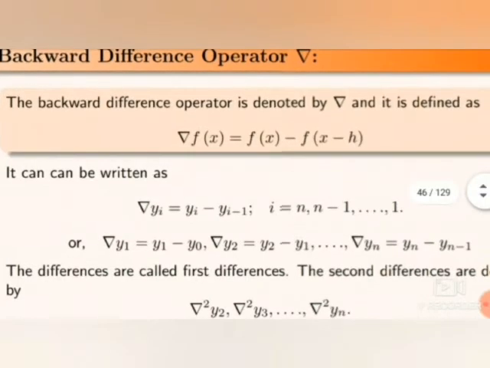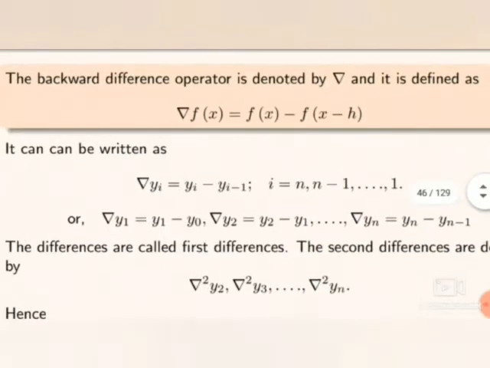Here also you can change the function to yi, and by changing the values of i we can get the general values of the first order backward differences. Del y1 equal to y1 minus y naught, del y2 equal to y2 minus y1, and del yn equal to yn minus yn minus 1.